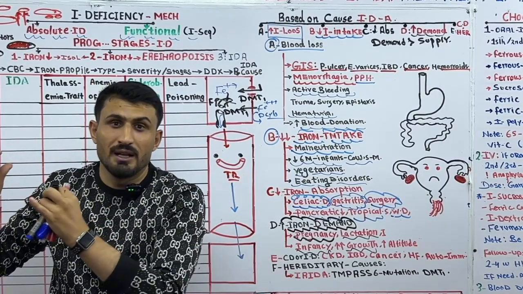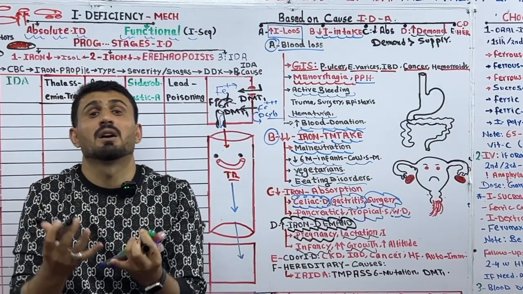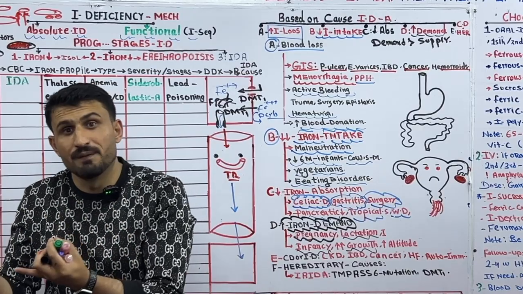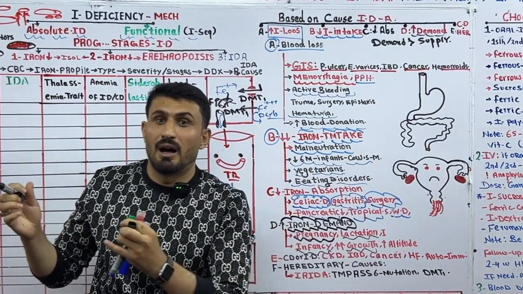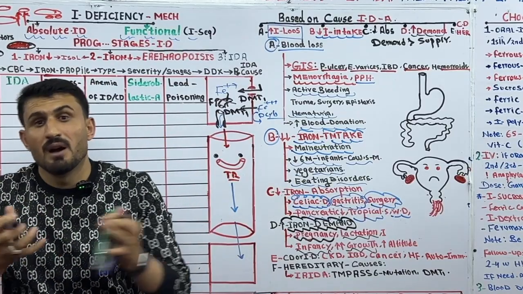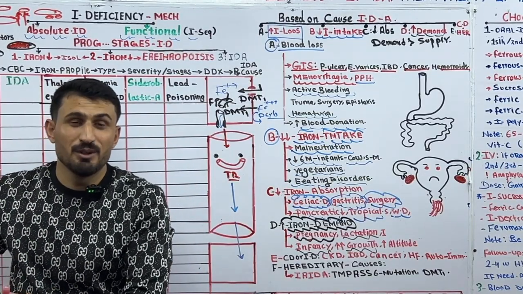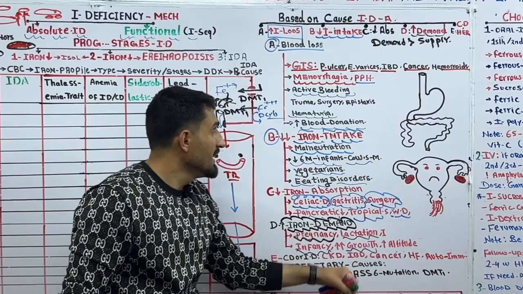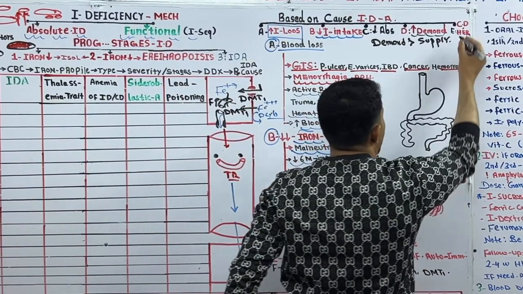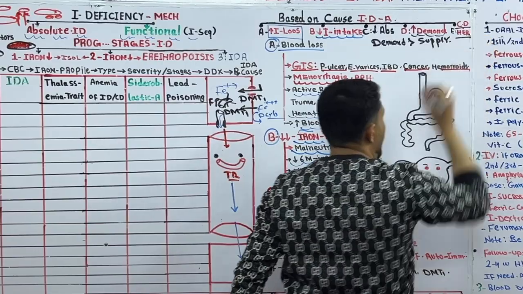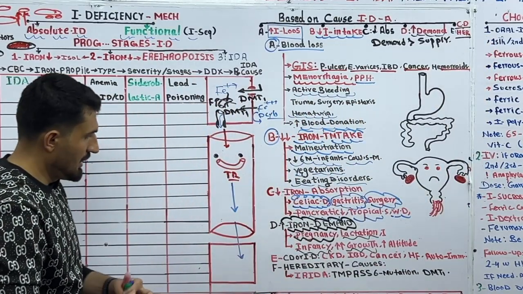So in that situation, the patient needs a lot of iron for synthesis of hemoglobin or RBCs. That's why demand increases. The next very important thing is related to chronic disease and hereditary disease.